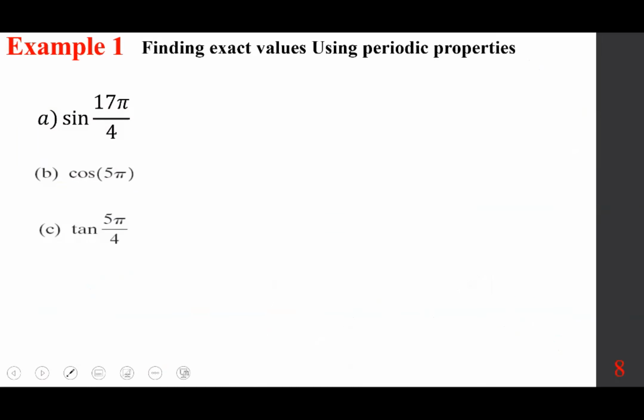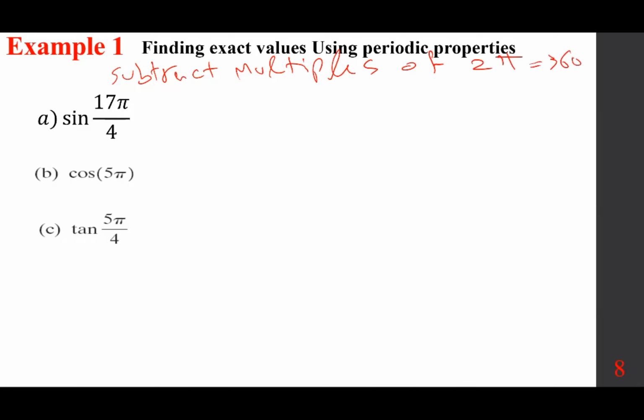So if you're interested in calculating this, you subtract 2 pi and you subtract all the 2 pi's, meaning you subtract multiples of 2 pi, or if it's in degrees, multiples of 360 degrees.